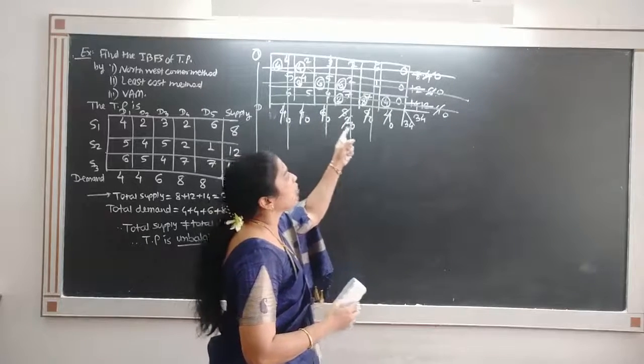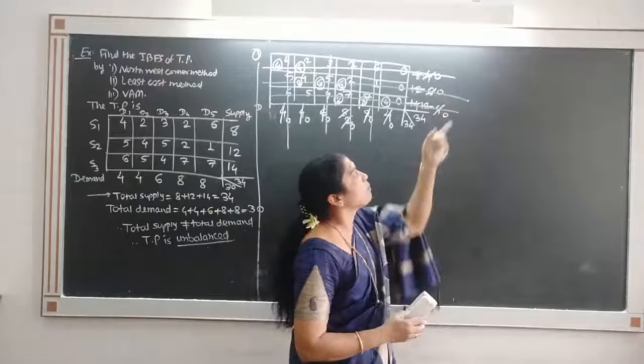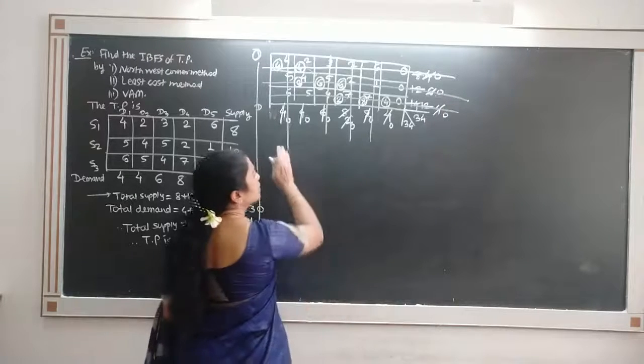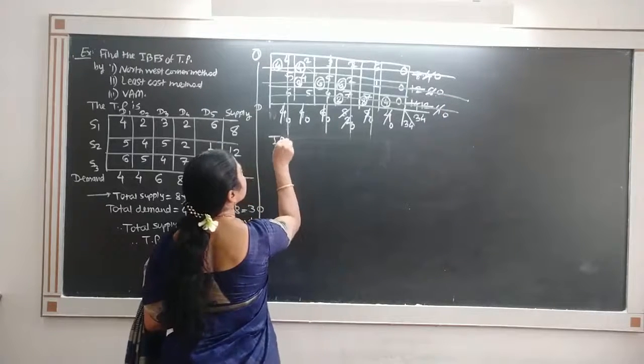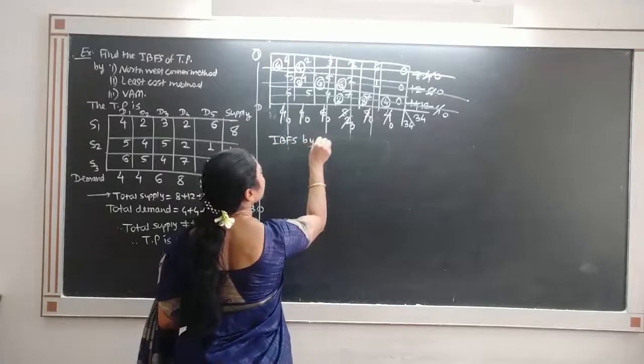Observe that all the demand and all the supply get satisfied, which means that this is the initial basic feasible solution by the northwest corner method.